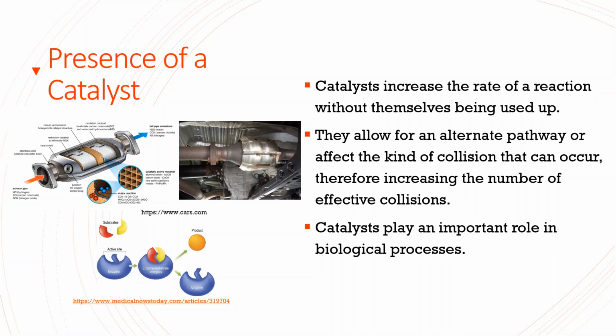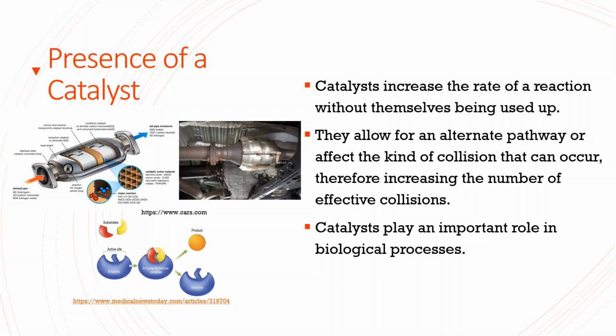And sometimes this is literally a platform for the reaction to occur on, and other times it's actually forcing those particles in the correct orientation, or guiding them, I should say, in the correct orientation to be able to collide. Either way, a catalyst is not used up in the reaction itself. So it's not part of the reaction, but it's important to speed up the reaction.